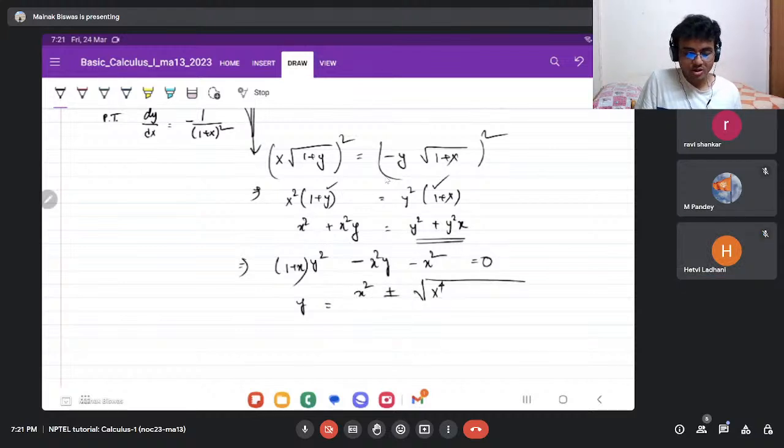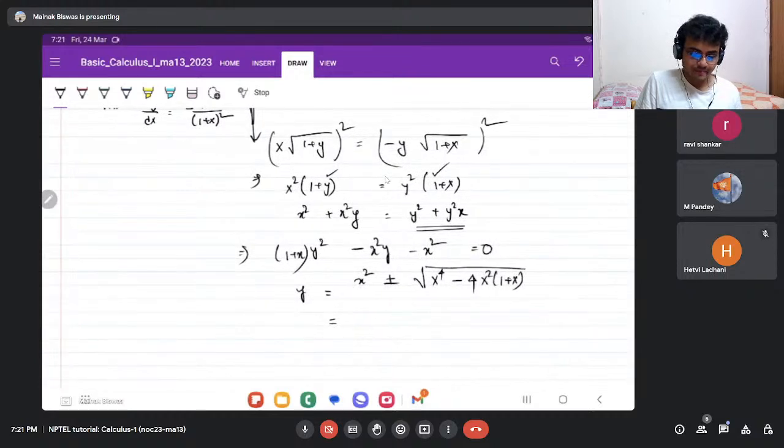x to the power 4 minus 2 into x square 1 plus x, 4b square minus 4ab. Let's see, specifically it will become plus 4x square. 4x square will come, plus 4x. Yes, that is okay.